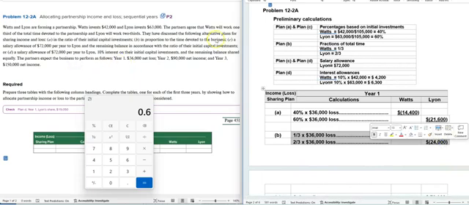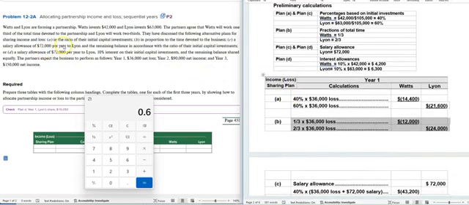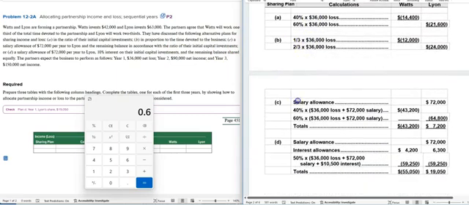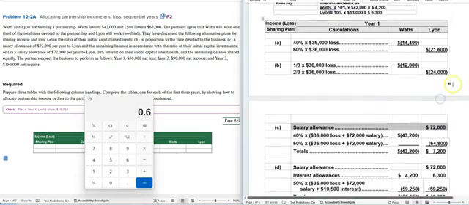If they follow Plan C, we're going to allocate 72,000 salary to Lyon and the remaining balance to their initial capital investments. So this gets a little bit more complicated because we initially are going to give $72,000 to Lyon.